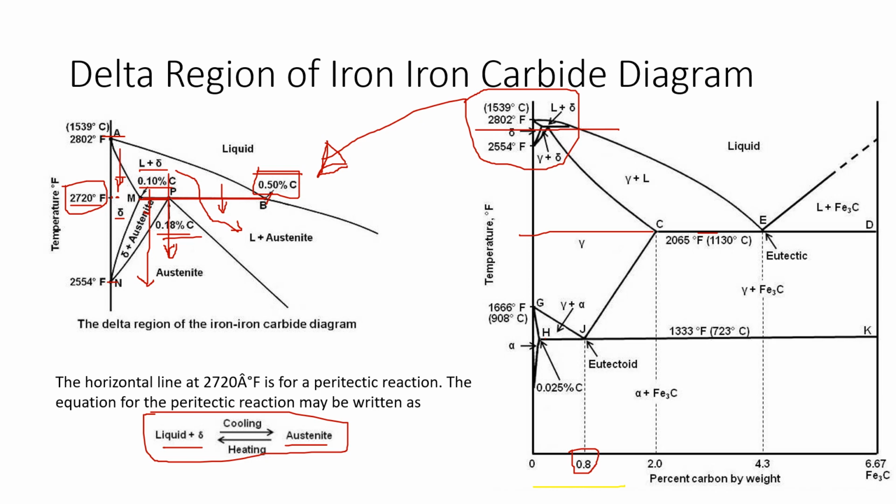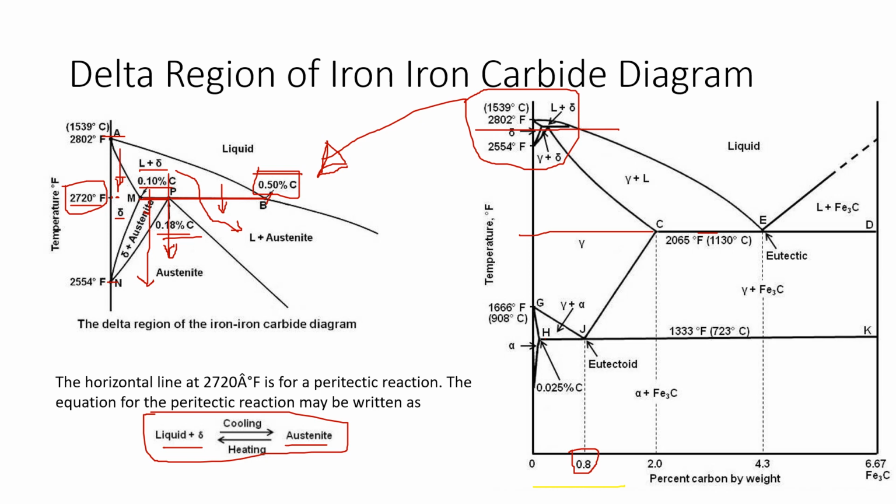So overall, this iron carbide diagram is divided into several portions, one of which is the delta region. The most important reaction taking place there is the peritectic reaction.